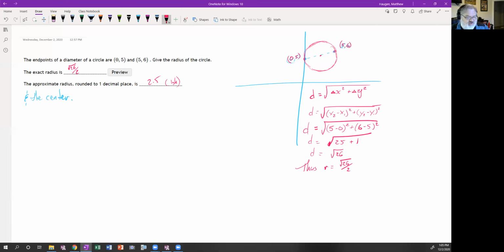How do we find the center? This is almost a, did you read the section question?